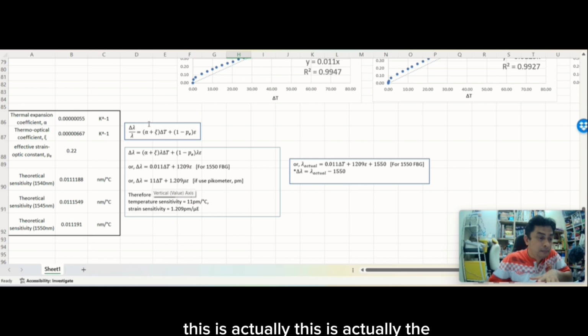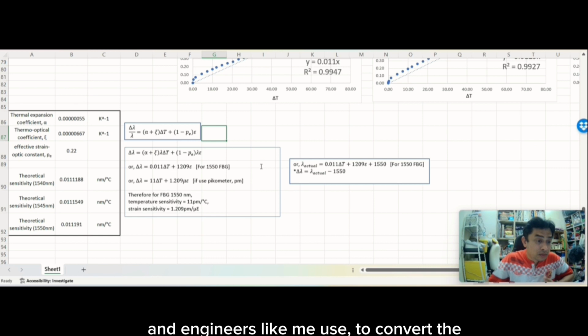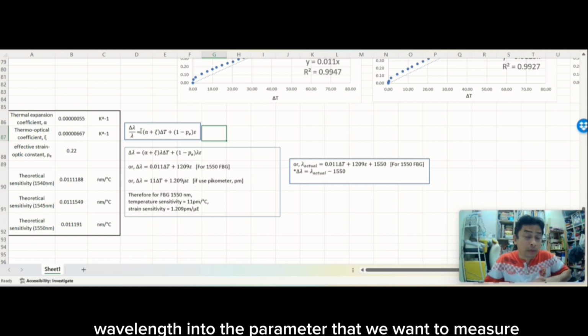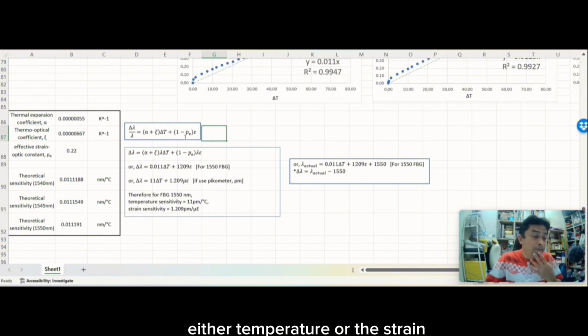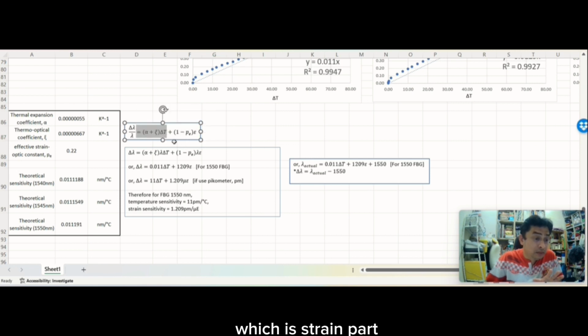This is the theoretical equation that most researchers and engineers like me use to convert the wavelength into the parameter that we want to measure, either temperature or strain, because in the equation both parameters are involved. For a control room, where there's no temperature change, we can assume this part is 0, and we are left with the mechanical part, which is the strain part.